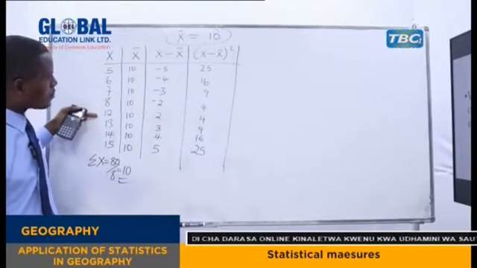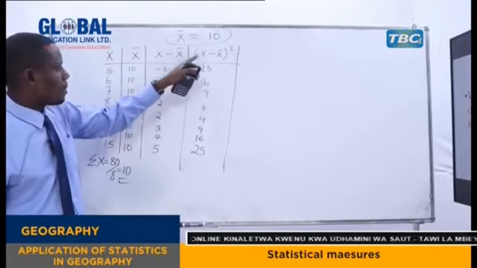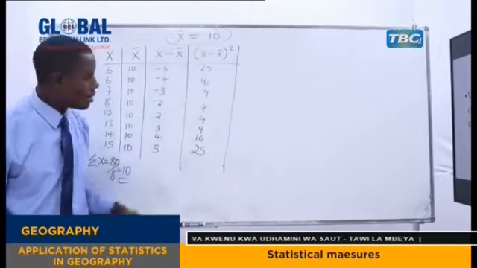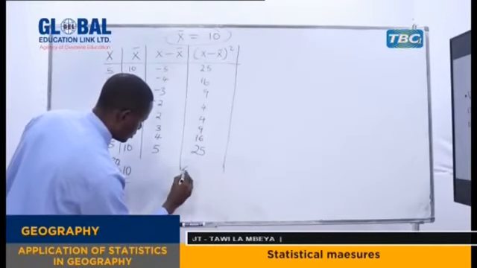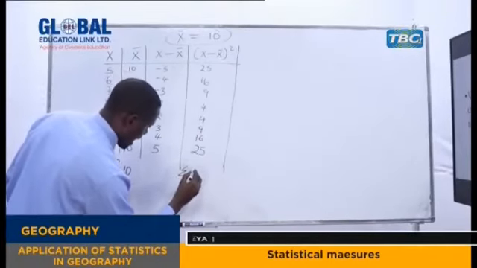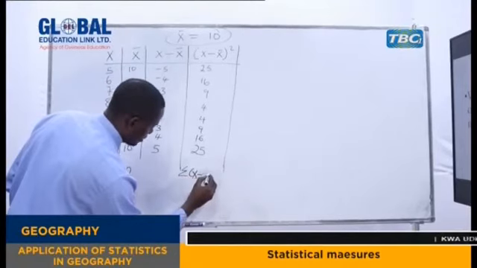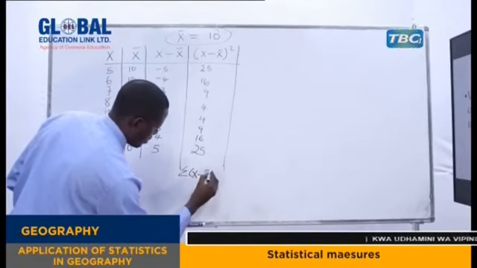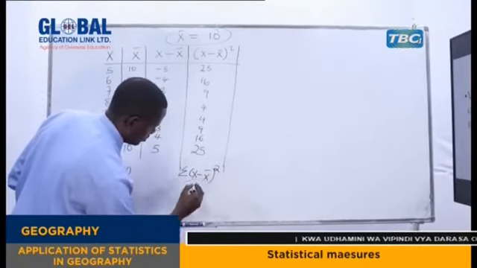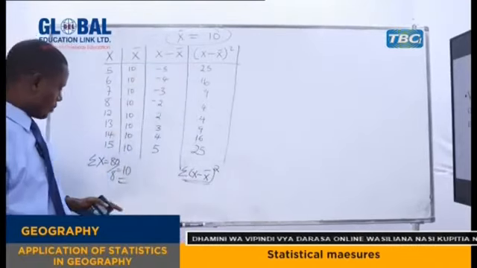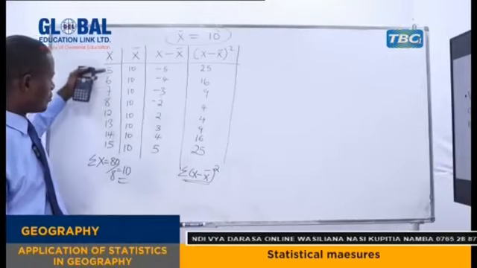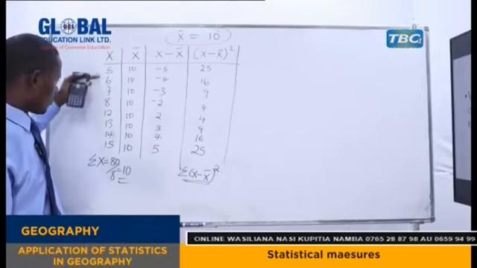And then we have deducted the mean from each x. So the next aspect, we go to the last column, which is all about x minus x bar squared. We are much interested in the summation of x minus x bar squared. That's our interest for that particular column. And then we divide by n. n will be counting the number of x that we have.